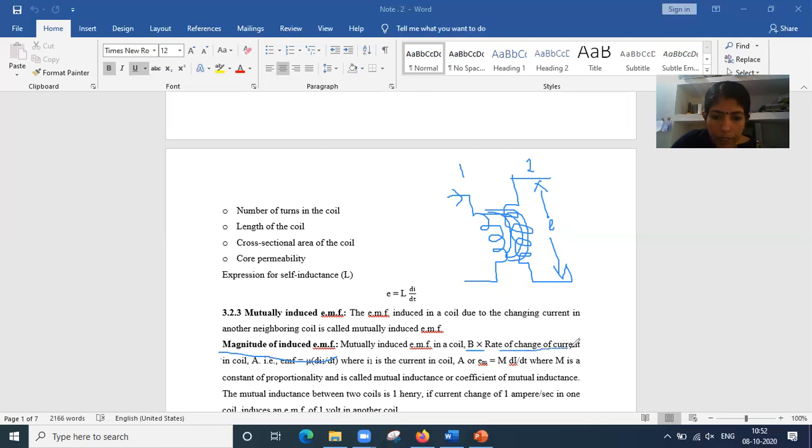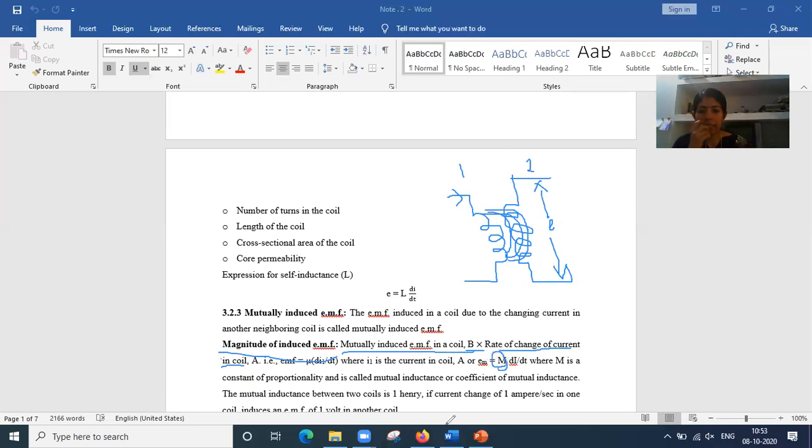The magnitude of the mutually induced EMF in a coil is proportional to the rate of change of current in coil A. So the EMF is equal to M into di by dt, where M is the mutual inductance.